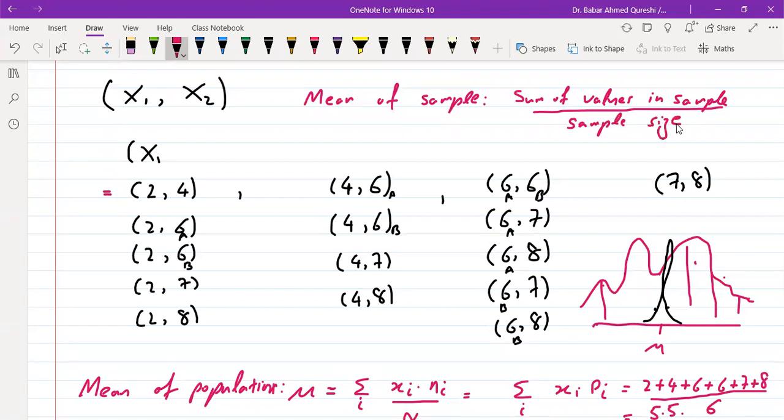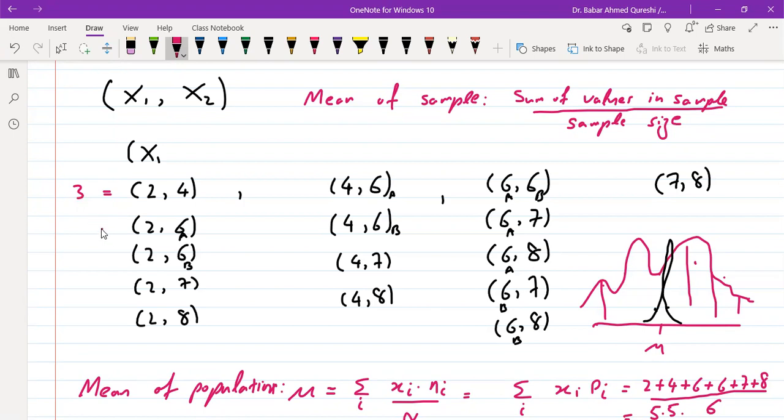So sir, the mean will be different for every sample. Yes, exactly. The mean of the population is fixed, it's just one number. But when I pick a sample of 2, for example, every time I get a different mean because I get different numbers. So the mean of the sample itself becomes a random variable. Like over here, it's 3.